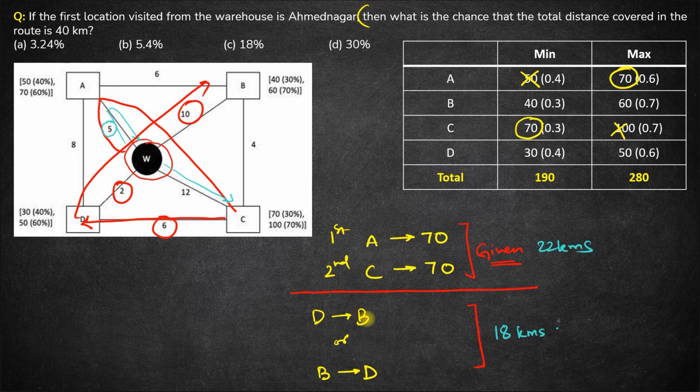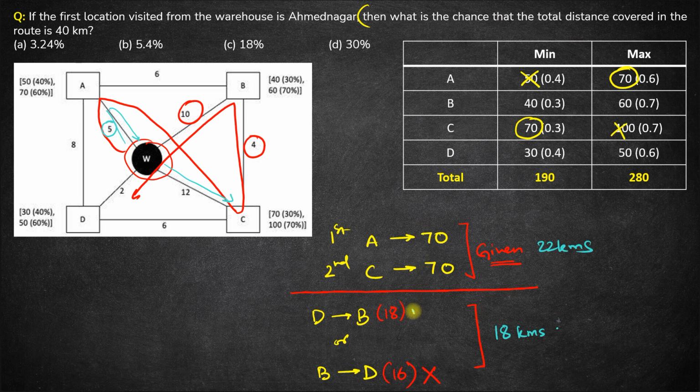So D to B, 18 kilometers can be traveled. But if the person goes from C to B and then to D, what is the distance traveled? 4 plus 10, 14 plus 2, 16 kilometers. But this cannot be the case because we want to travel 18 kilometers. Hence we need this case.